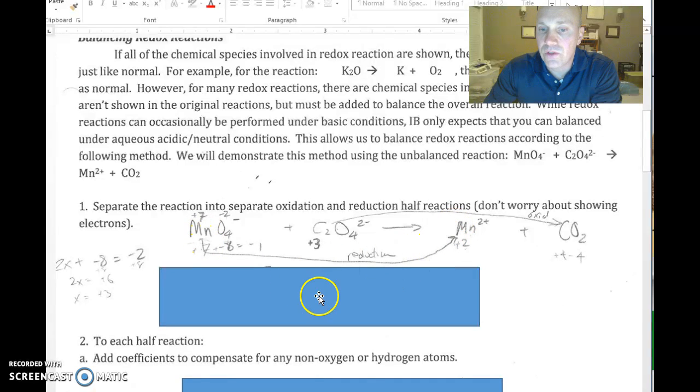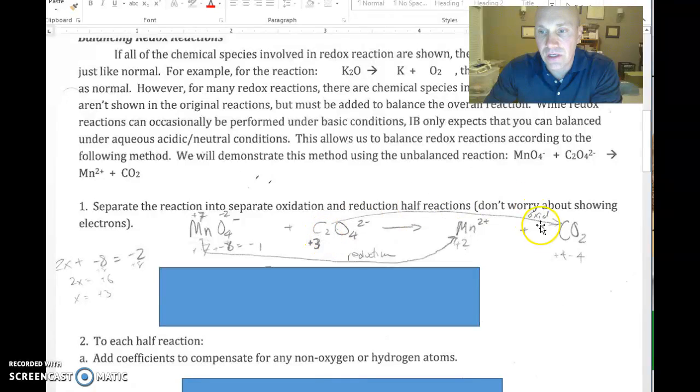All right. So when we do our reduction oxidation half reactions, we're going to show that as our reduction half reaction. If you figure out the oxidation number of the carbon in this oxalate ion, and by the way, you're not expected to know the name of that ion, you would figure out that its oxidation number is +3, and if you figure out the oxidation number of carbon in carbon dioxide, you would see that it's +4.